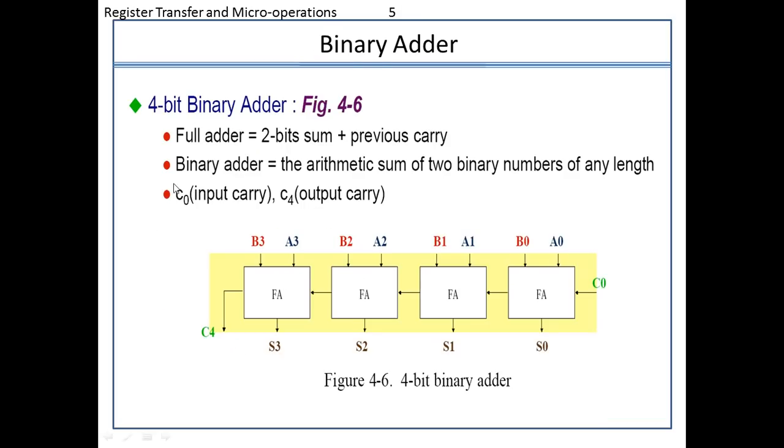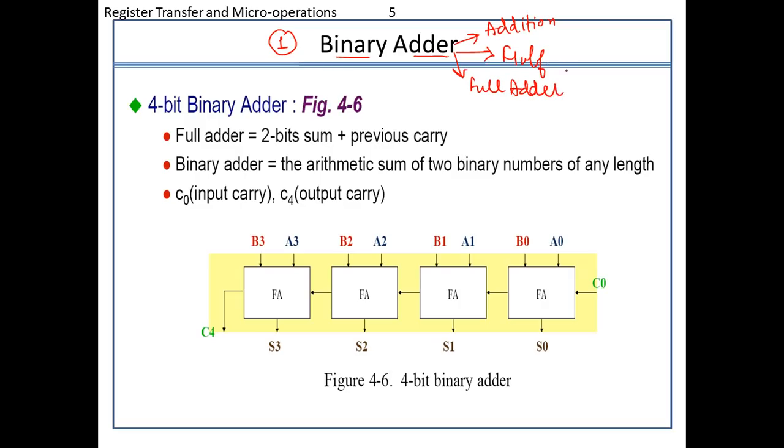The very first kind of arithmetic microoperation that comes into the picture is the binary adder. What is this binary adder first of all? We know that adder means addition of some numbers. For adders, we have learned that there are two types: the half adder and the full adder.